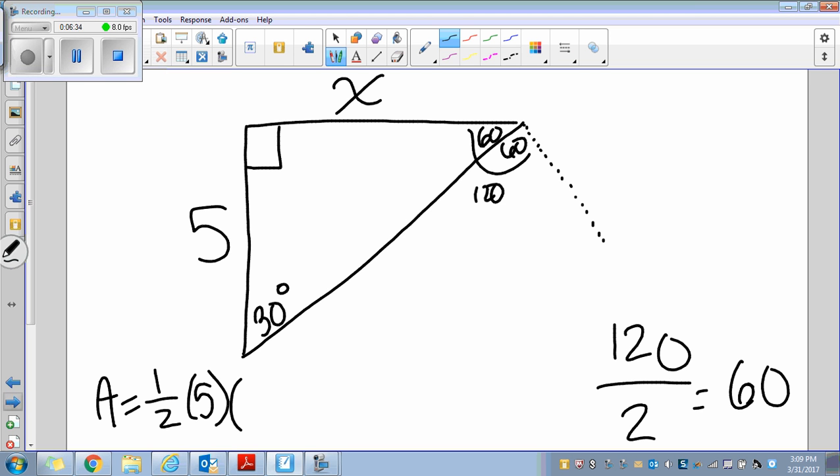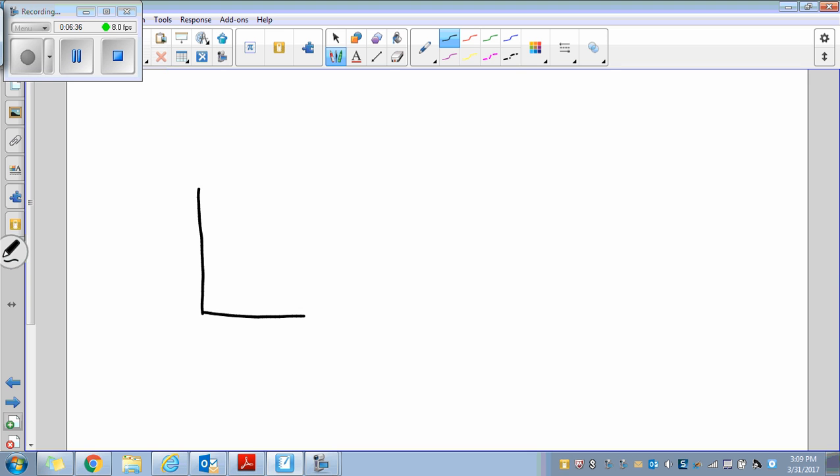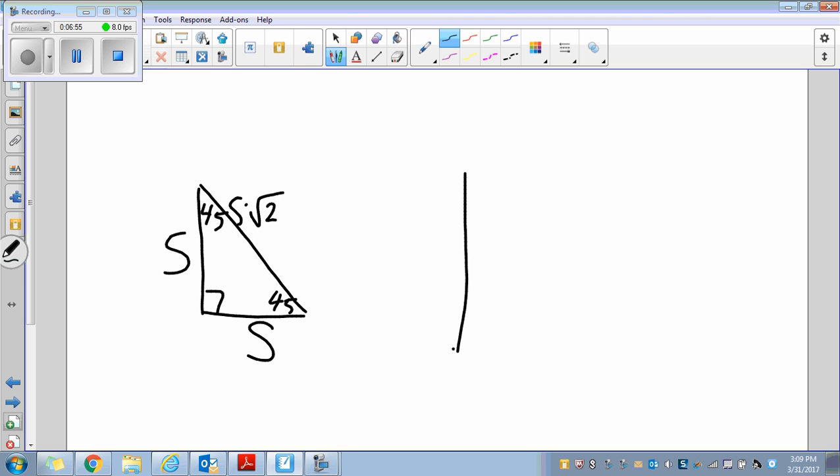In a 45, 45, 90 triangle, this side is going to be equal to this side. And remember, the hypotenuse of a 45, 45, 90 is radical 2 times x, the other side. In a 30, 60, 90 triangle, though, it goes a little different.